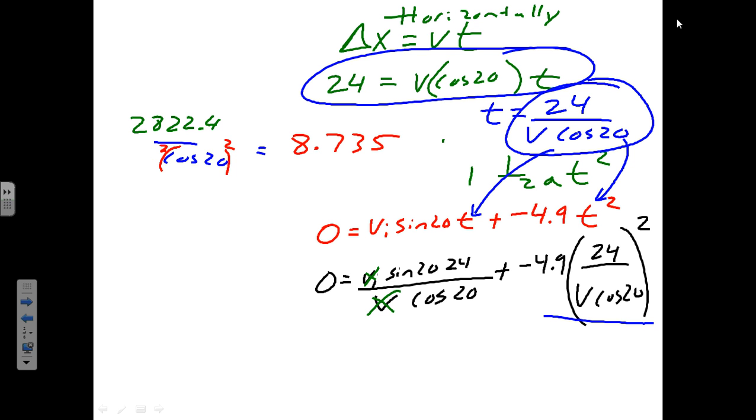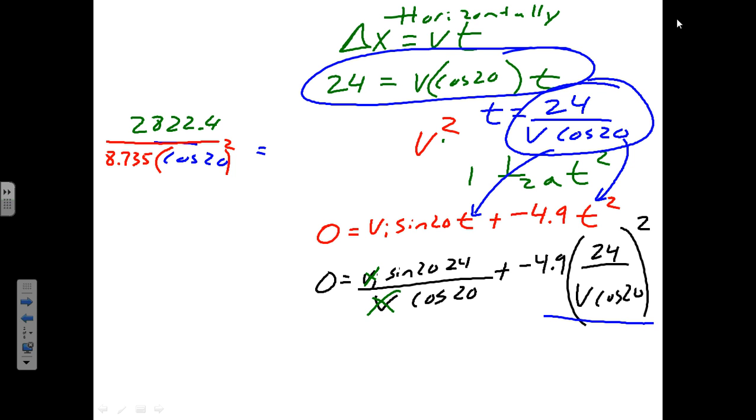So it'll cancel over here, and I'll have v squared over on this side. Now I've got to divide by 8.735, so I'll do that on both sides. And now this is very workable.